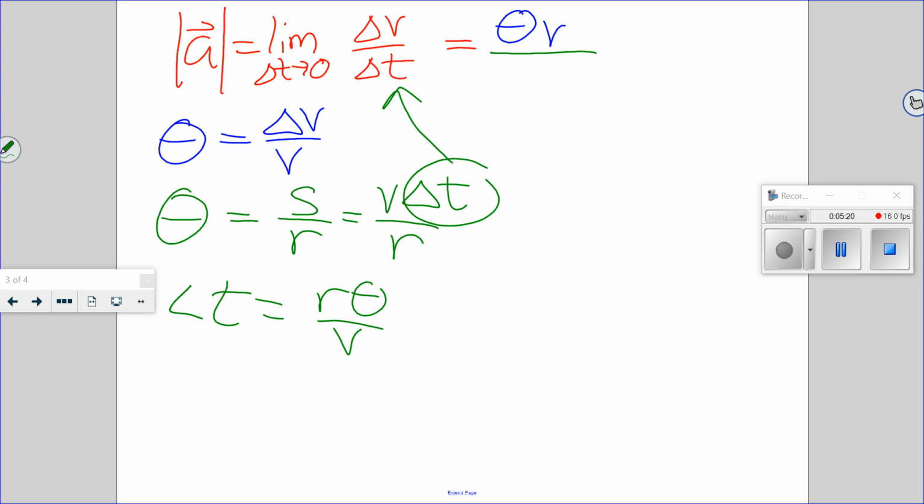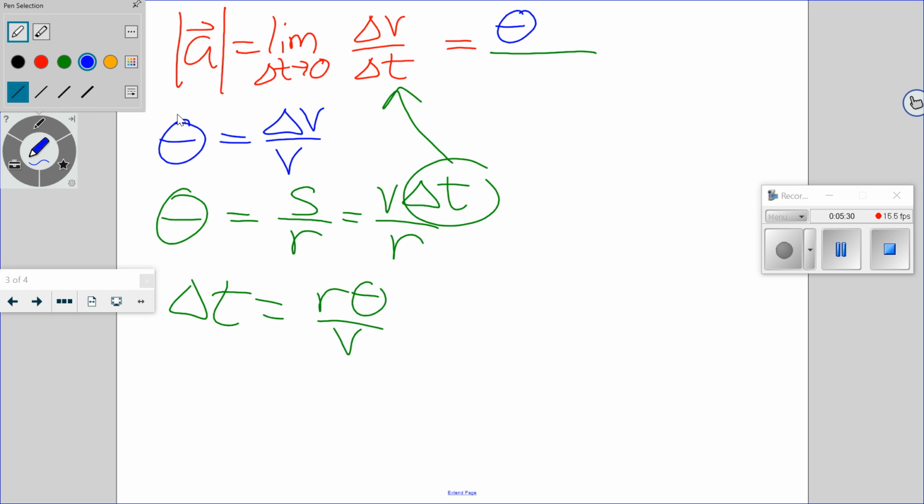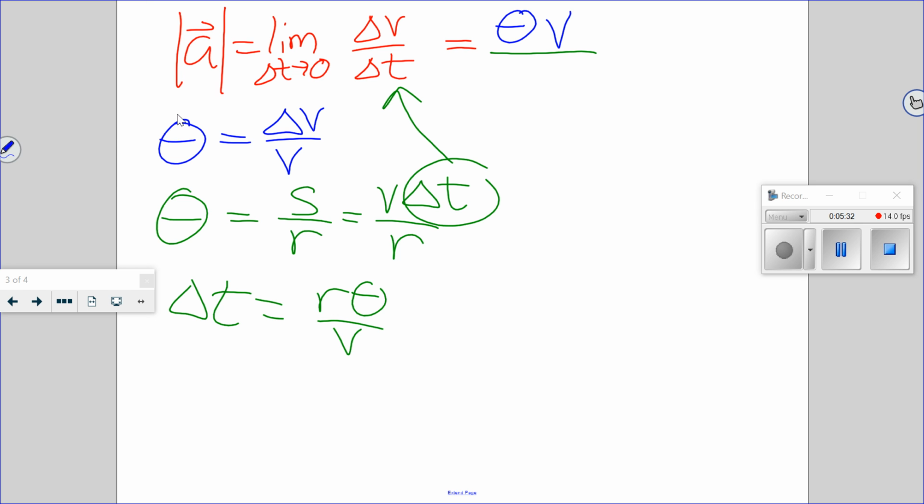Replace delta t in the denominator with this, and we get theta times V in the numerator, and in the denominator we have r times theta times V again.